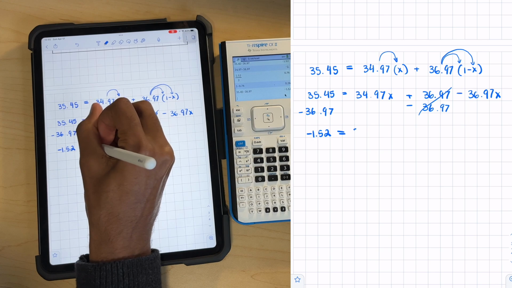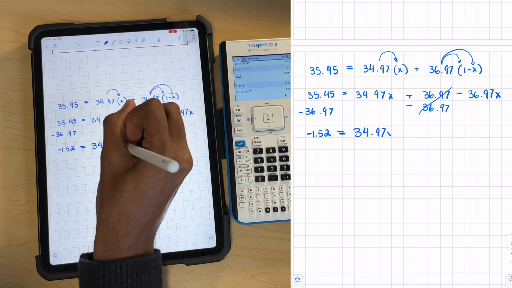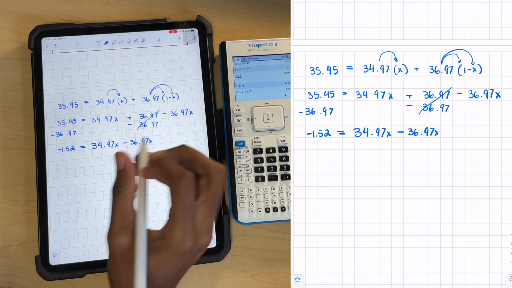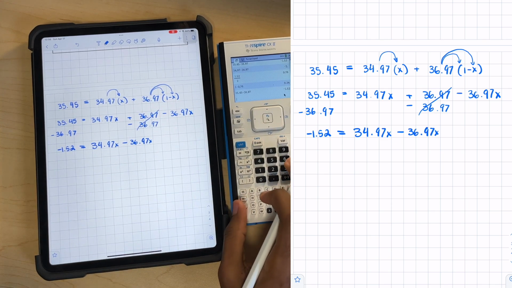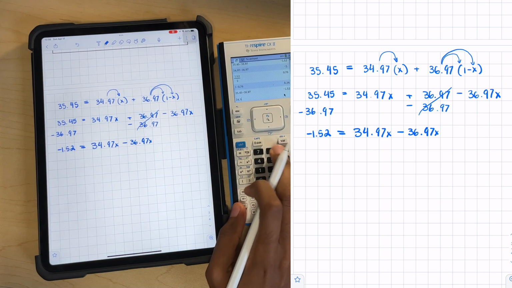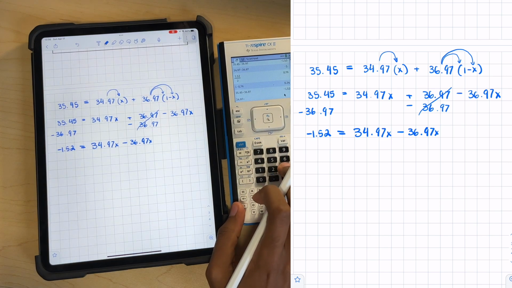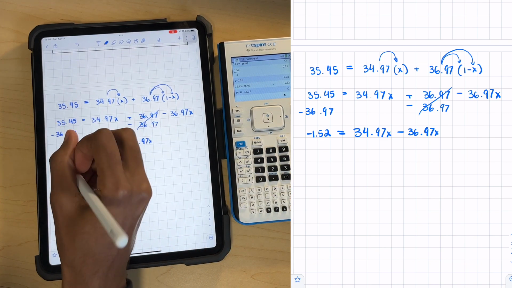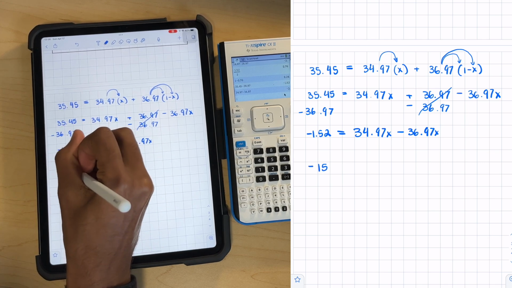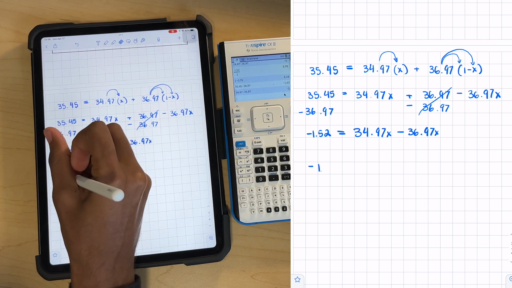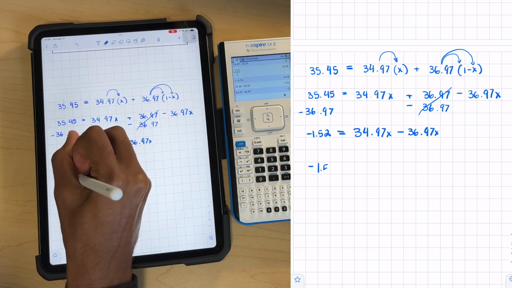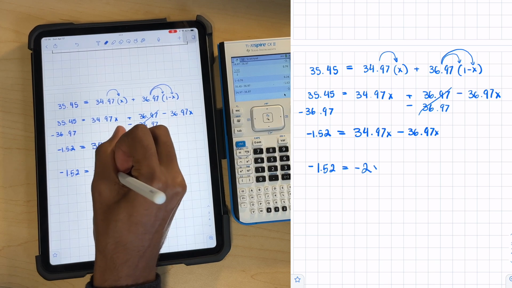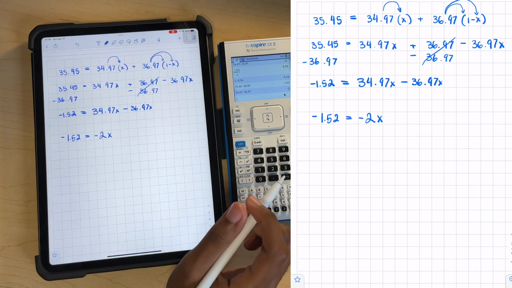Then we bring everything over to where it belongs: minus 36.97x. Because these are like terms, you can just subtract them. 34.97 minus 36.97 equals negative 2. So our new equation is negative 1.52 equals negative 2x. Almost forgot the decimal, so let's start that over.